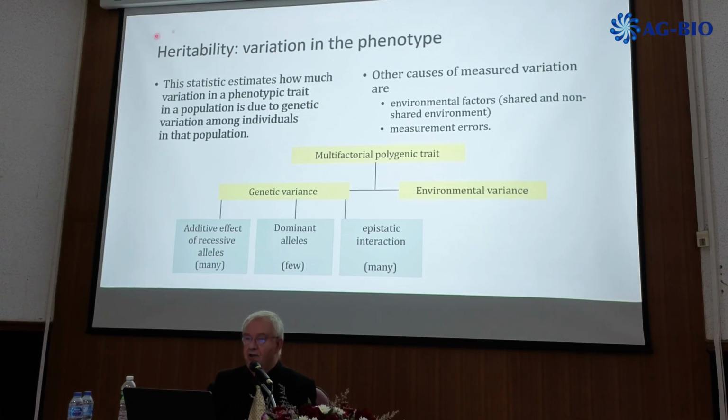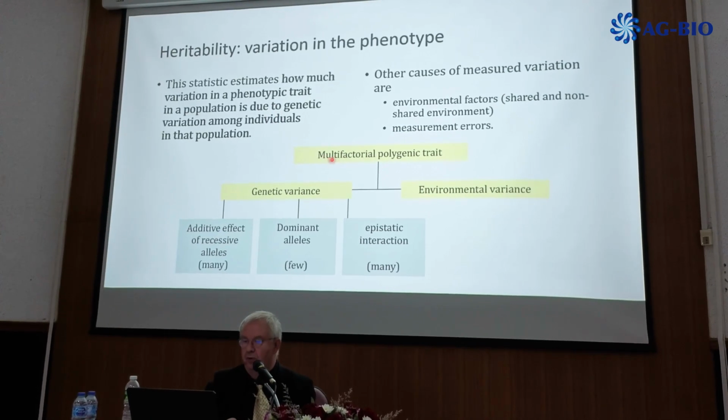And the geneticists, we use here the heritability, which is a measure for the variation of the phenotype. In other words, heritability is a statistic that estimates how much of the variation in a phenotype trait in a population can be explained by genetic variation. So you want to know how much is genetics, how much is the rest.